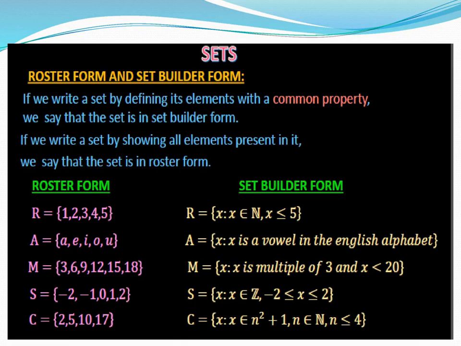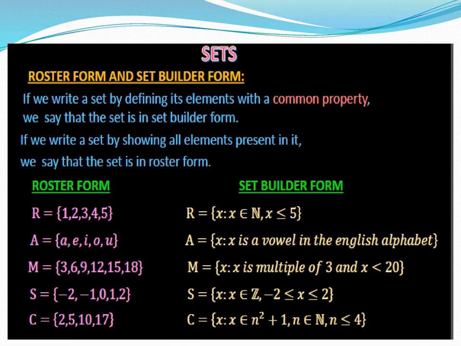Then the third one: M equals 3, 6, 9, 12, 15, 18. Here we can write M equals the set of X, where X is an element in set M and is a multiple of 3. These are all multiples of 3 and less than 20, or we can write less than 19, or we can write X is less than or equal to 18.